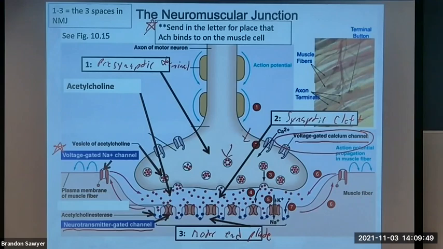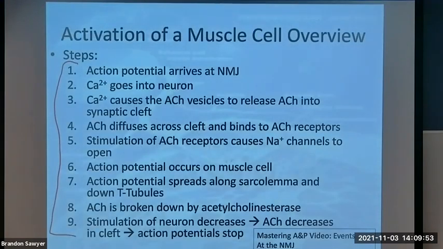Those voltage gated calcium channels get opened up when that change in voltage, or the action potential, hits them, right? So that's why we get calcium going into the neurons, because we open up those voltage gated calcium channels. Okay, so calcium goes in, it binds to the vesicles that contain acetylcholine, and then those vesicles are stimulated to go to the surface of that neuron and dump acetylcholine into the space, into the synaptic cleft.